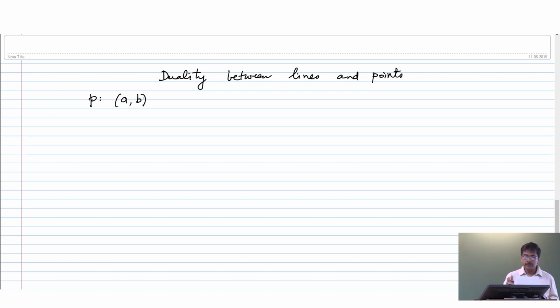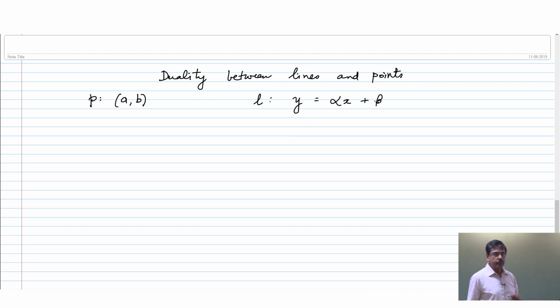And here is a line L, which has the equation y = alpha x + beta. So this is your slope intercept equation, and here is a point P, and intuitively what's happening is both are basically defined by 2 parameters. A point has 2 parameters and a line also has 2 parameters, and therefore we'll be able to define this transformation relatively easily.